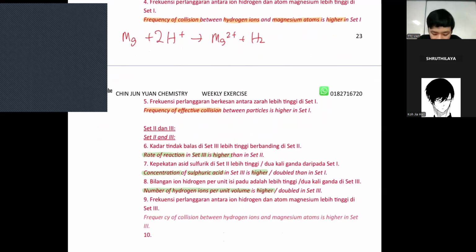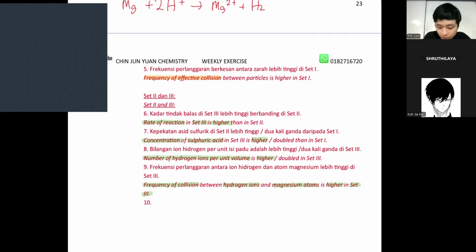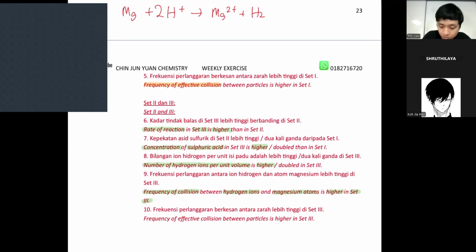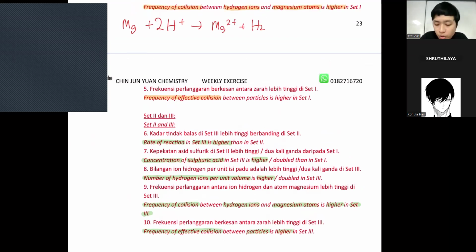Then the frequency of collision, same thing, between H plus and Mg atom is higher in set 3. Then the other one, same thing: frequency of effective collision between particles is higher in set 3. Or you can repeat the whole thing, between hydrogen ion and magnesium atom, if you want to be safe.